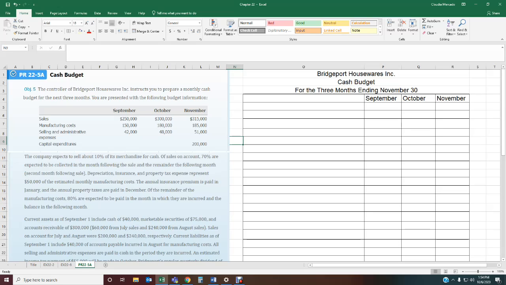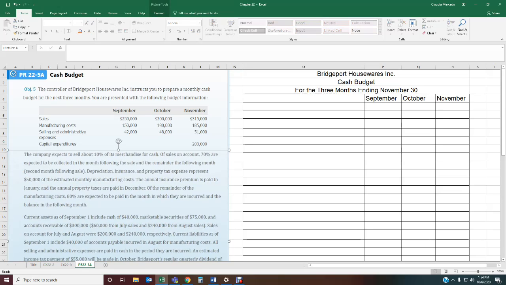Now, it says here that the company expects to sell about 10% of its merchandise for cash. So, of the sales that you make in September, October, and November, 10% are going to be in cash. So you're going to have to figure out how much of the sales are cash sales. That's 10% of your total sales.